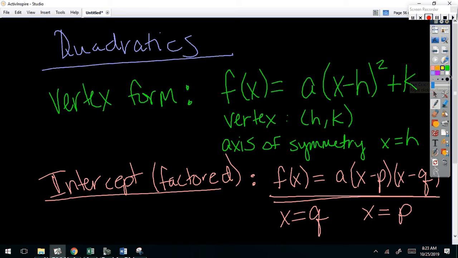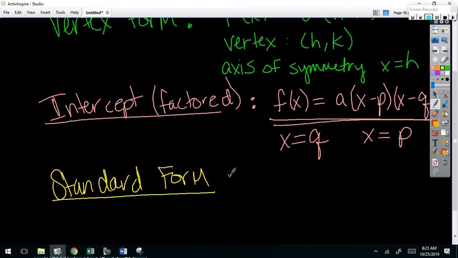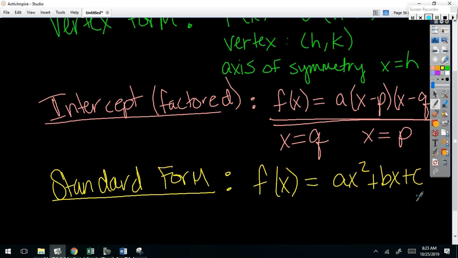Do you remember the third form? Yes. Good job. Last and final form is standard form. You remember what it looks like? It absolutely is. It gives us nothing but the y-intercept. Everything else we have to calculate on our own.